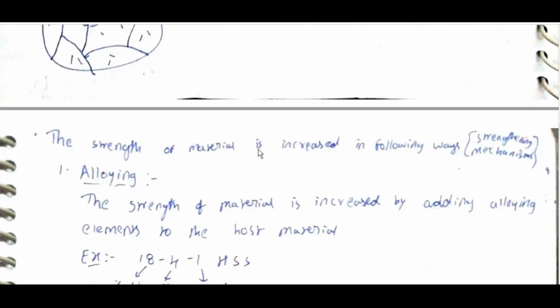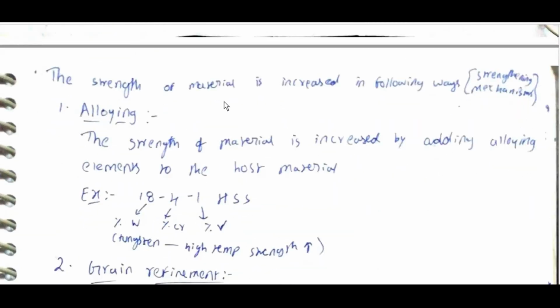The strength of a material is increased in the following ways. Strengthening mechanisms: first, alloying. The strength of a material is increased by adding alloying elements to the host material. For example, 18-4-1 high speed steel has percentage tungsten, percentage chromium and percentage vanadium.